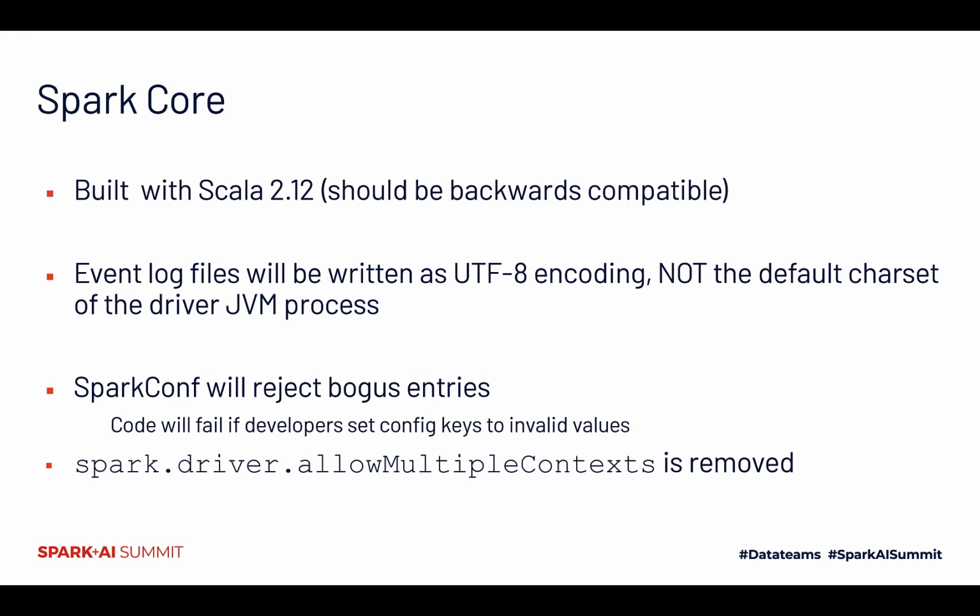Now, this is only going to impact you if you had invalid config files in Spark 2. You move to Spark 3, you discover that you had an invalid config file, and you get an error where you didn't before, but you should be fixing that problem anyway. So this is one of those cases where even though you'd have a portability issue moving to Spark 3.0, it's a good one. It's telling you to fix your mistake. We like that.